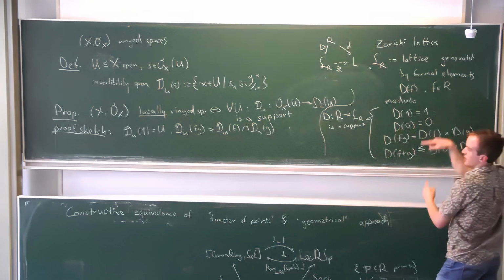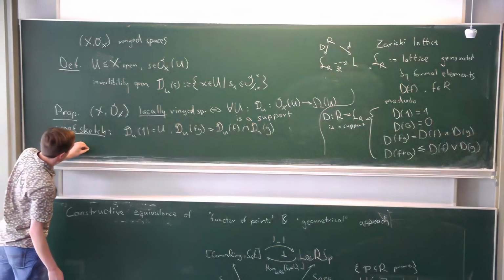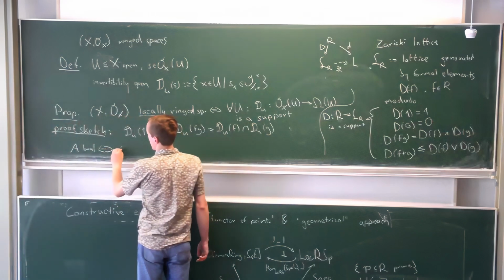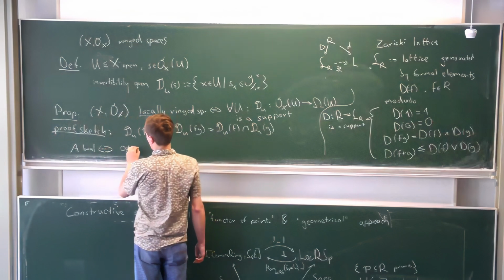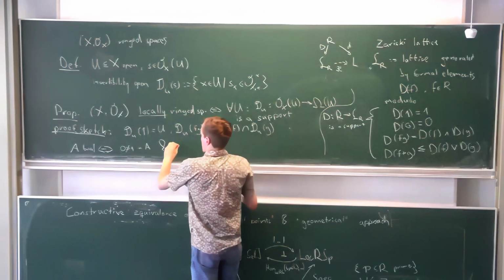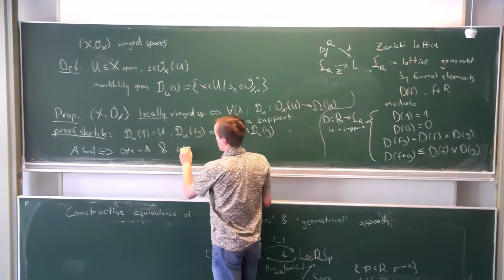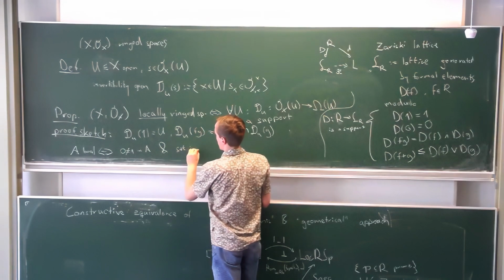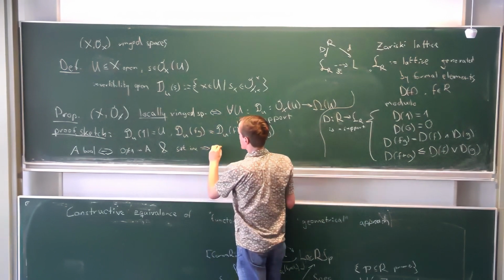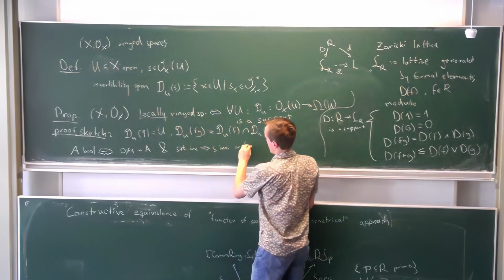And this comes from the fact that a ring A is a local ring if and only if A is non-trivial, so 0 is not equal to 1 in A, and if S plus T is invertible, then S is invertible or T is invertible.